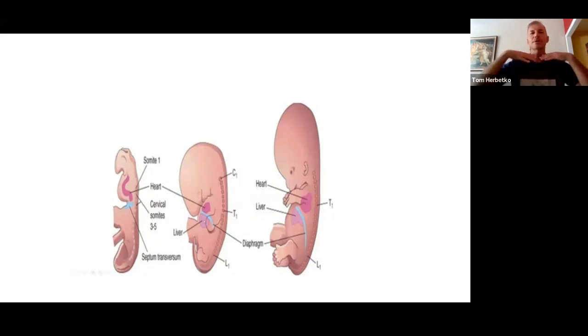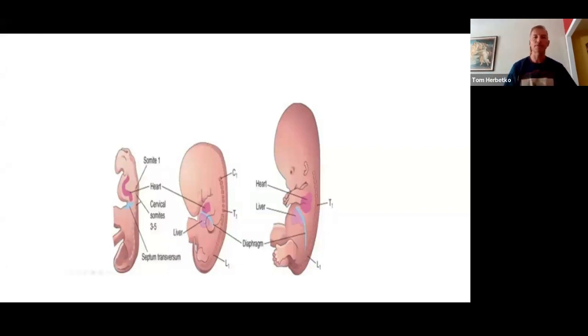But I explain that during embryology, as we see in the first part of this slide, the diaphragm starts to develop inside the neck, really close to the C3, C4, C5 level. It takes the somites, which are in the back, and makes connections with that area, and that forms the phrenic nerve, to say it simply.